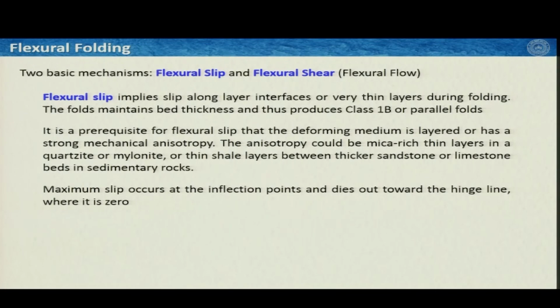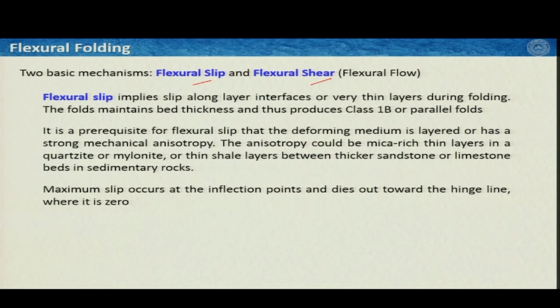Now, let us have a look at what is the physical meaning of flexural folding, which is one of the important mechanisms of folding. Within the domain of flexural folding, we have 2 basic mechanisms. One is flexural slip and another is flexural shear or flexural flow.